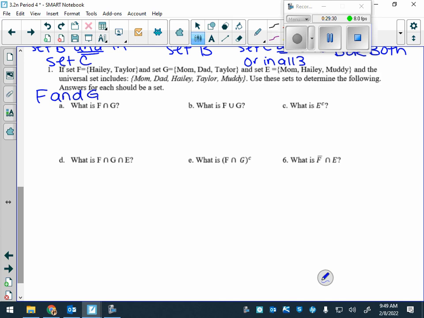Eliza? F and G. So it's the intersection of them both. Pearson? Taylor. Only Taylor. Okay, it's where Taylor's in common in both of those. Then the next one for B, who is in F or G or both?